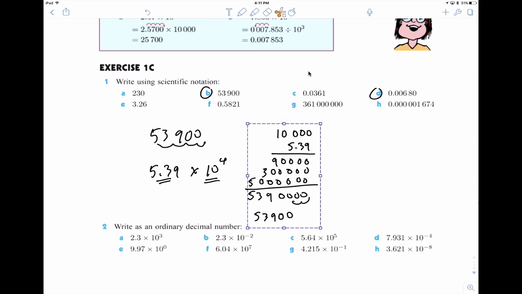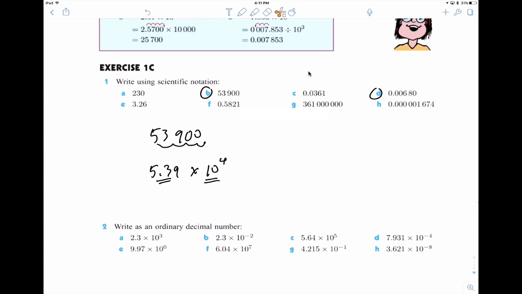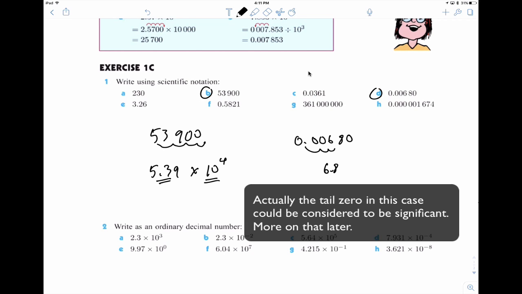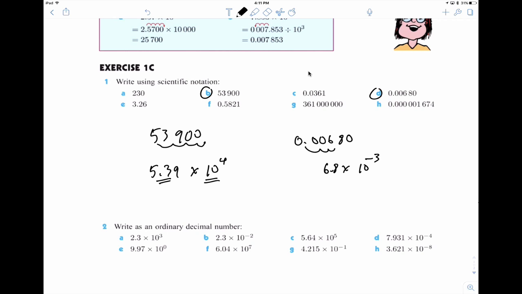Let's do the second example, where we'll be moving the decimal place to the right instead of the left, because we need to get the decimal place between the 6 and the 8. So 0.00680. We'll need to move the decimal place 1, 2, 3 places to the right. So 6.8, the 0 is not significant, times 10 to the negative number of places that we moved the decimal to the right, 3.